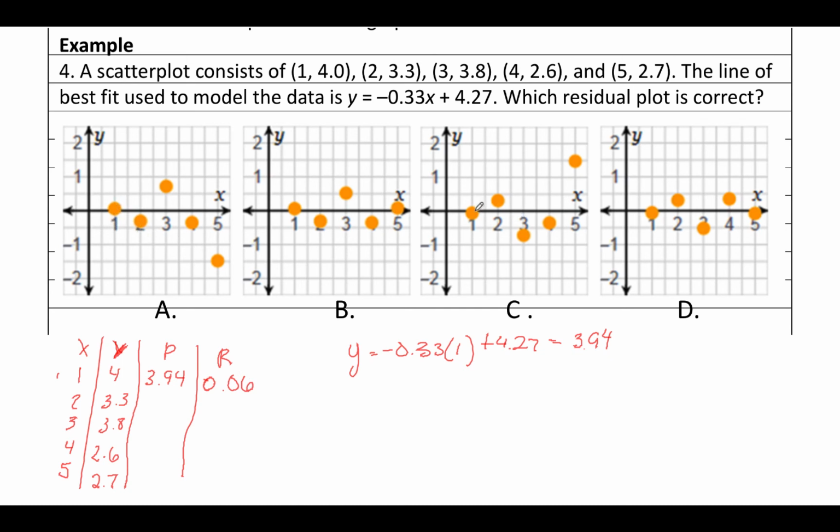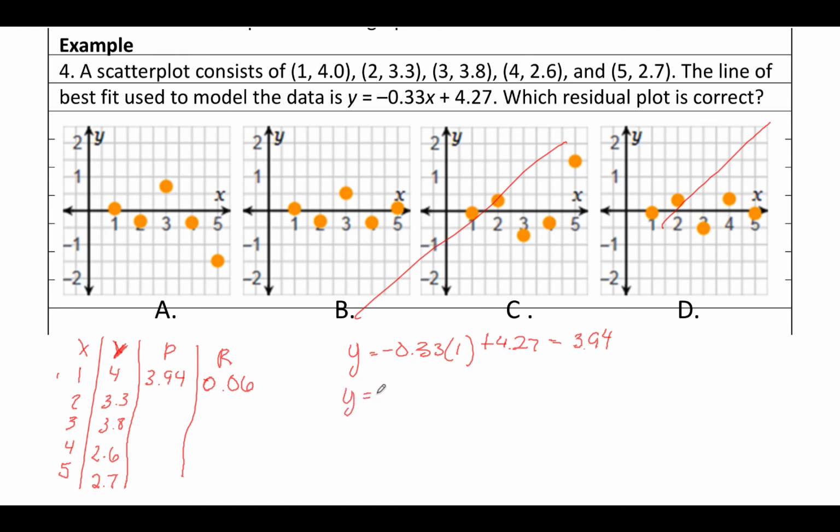So all of them, this one looks negative. So those two look negative. So C and D look negative. Now we're going to plug in 2.